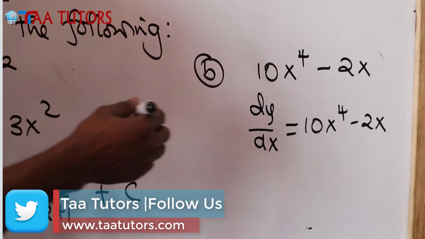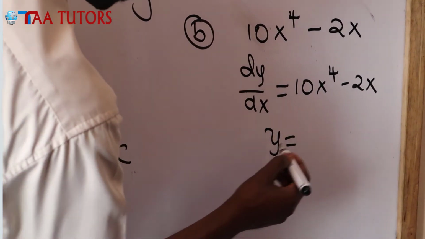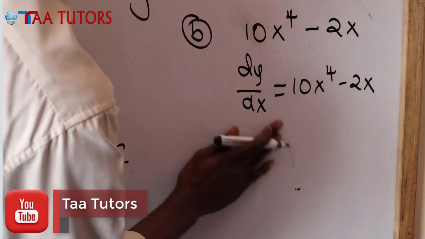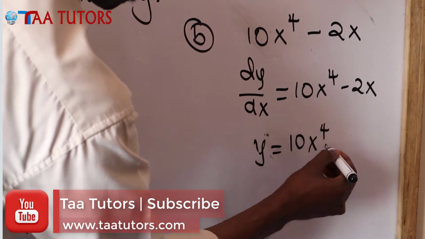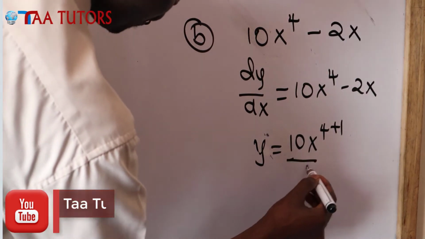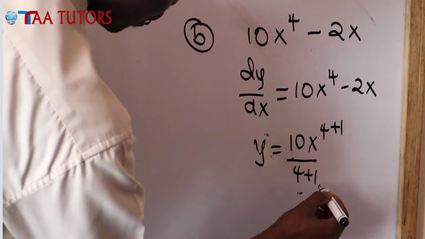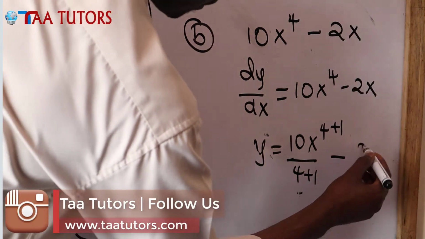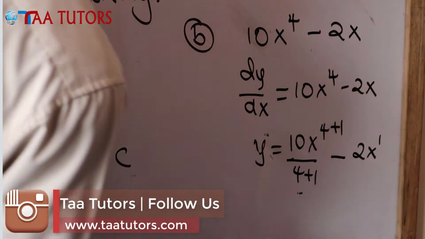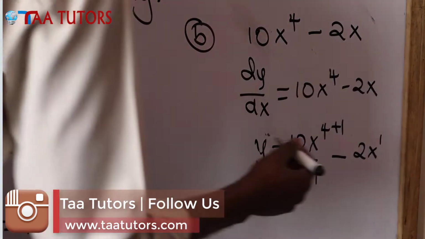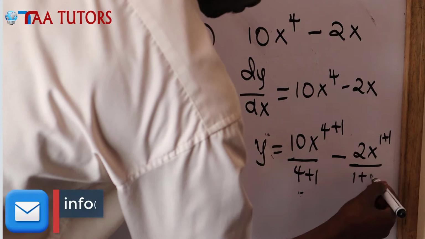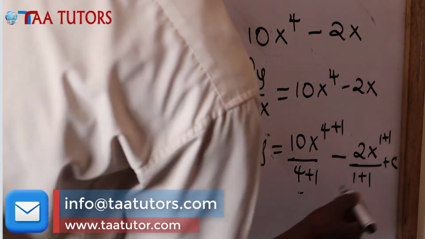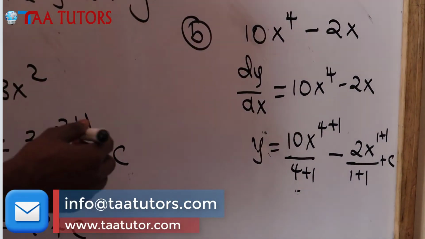If we are getting y, meaning we are integrating, y will be 10x to the power 4, we add 1, then divide by 4 plus 1. Then minus 2x to the power 1, because we know 2x is the same as 2x to the power 1. Then we add 1 and divide by 1 plus 1. Then we add c, because there must be an arbitrary constant there.